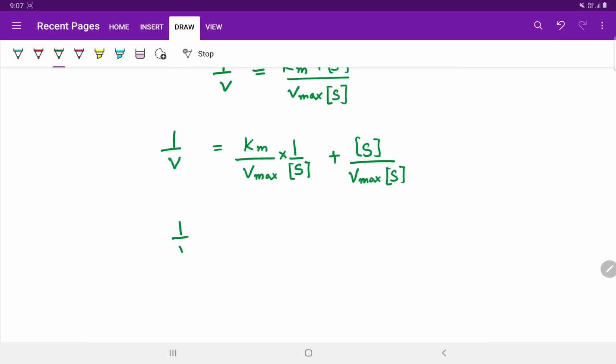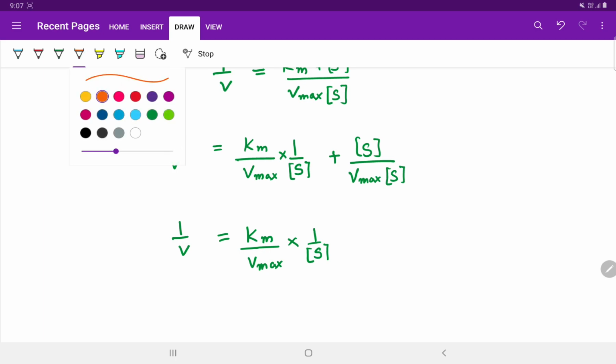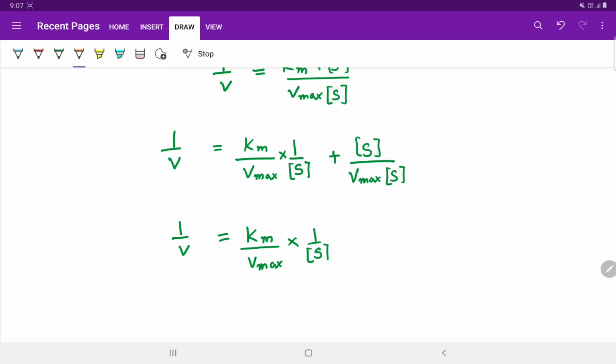So further simplifying the equation, we see that this substrate concentration is equal, so they can be cancelled out, and this represents the equation like this.